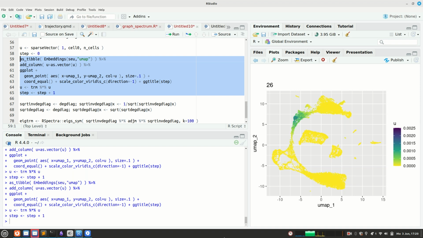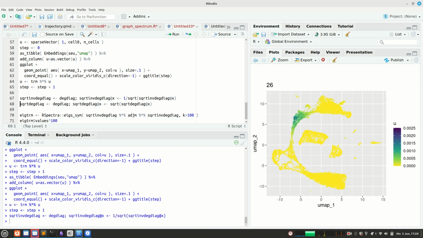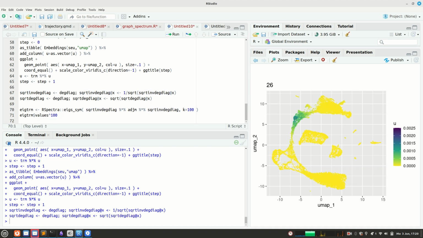Let's try this out. To do this, I've prepared these two matrices. I make here the matrix D^-1/2, square root inverse degree matrix, and the square root degree matrix without the inverse is D^1/2.